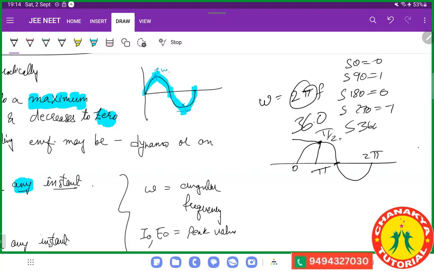Sine 360 is 0. That is what we are making here: 0, 1, 0, -1, 0. Got it?